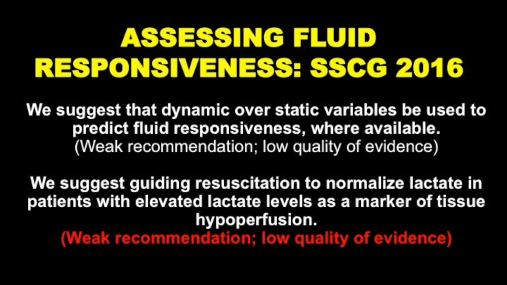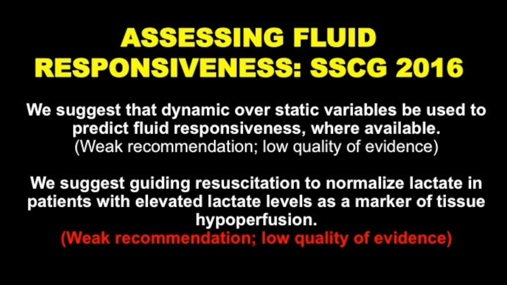But again, lactate's a useful marker, but not a completely direct measure of tissue perfusion. It's actually impacted by other things, liver dysfunction, beta-adrenergic stimulation. It does still tell us something about tissue perfusion, but it's a weak recommendation.